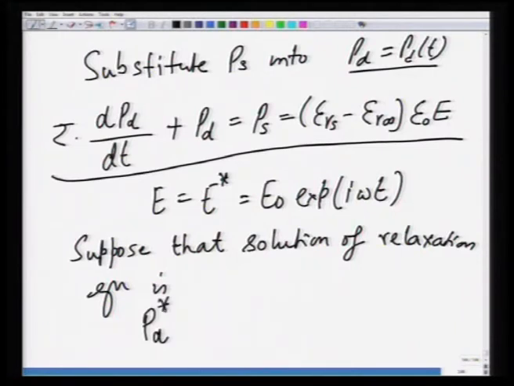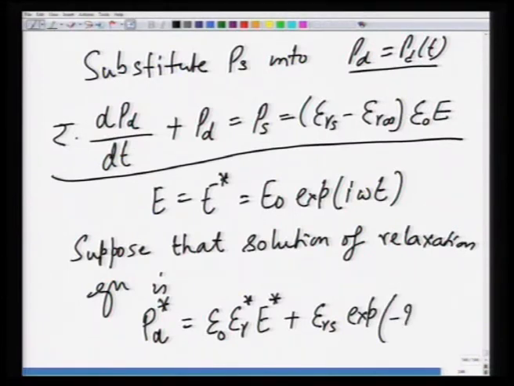We write star because, since we are taking E as E star, we have to take P as P star, and everything converts into star because of the complex nature. So, this becomes epsilon naught epsilon star E star plus epsilon r s into exponential of minus eta t. Suppose this is a solution where eta is some coefficient which is determined by the solution itself.